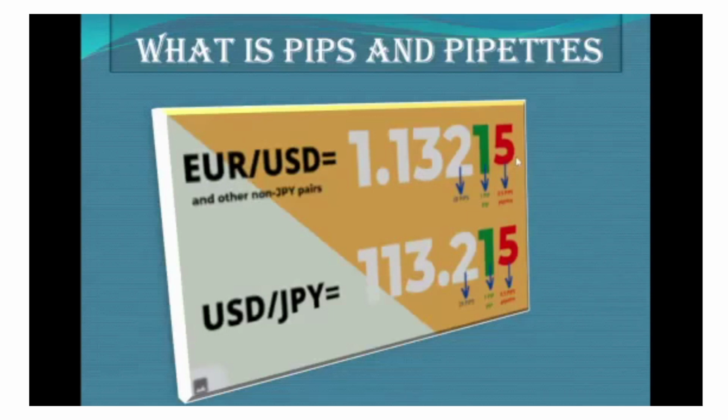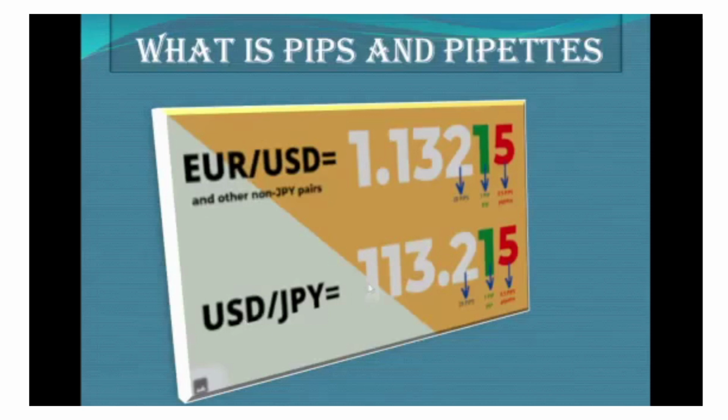And then we also talk about pipet. Pipet explains this. Now, what the heck is pip and what about pipet? This gives a clear explanation of what it's all about.